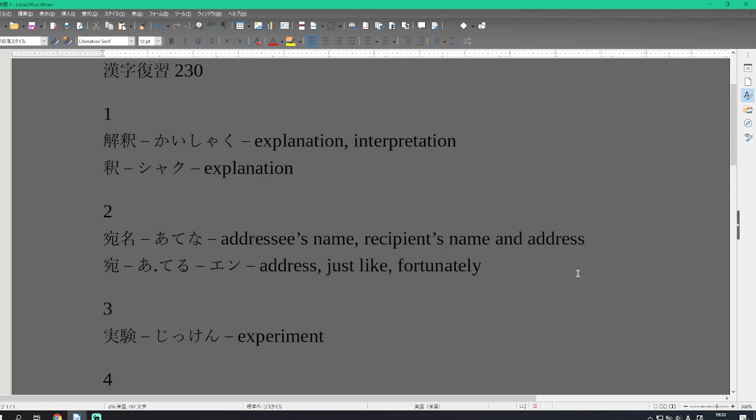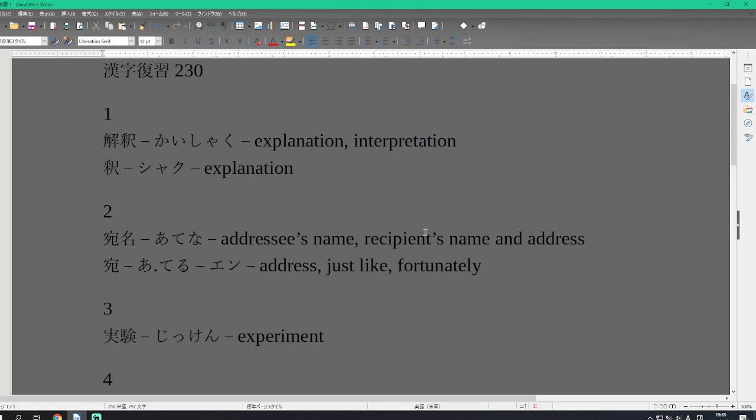And atena is a recipient's address or an addressee's name.